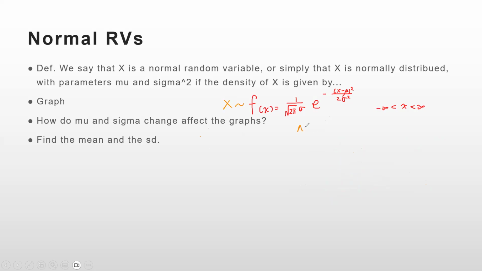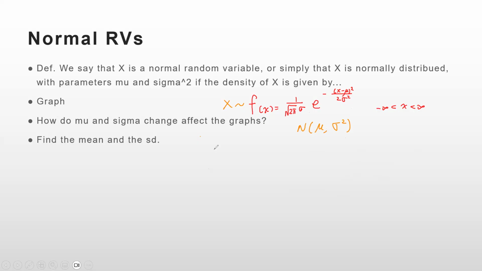Oh, by the way, the distribution is also denoted by N, which means normal, with mu, which is a parameter, and then sigma squared. Sigma squared is the variance, but we're going to show that, okay? We want to show that mu is indeed the mean and sigma is indeed the standard deviation.